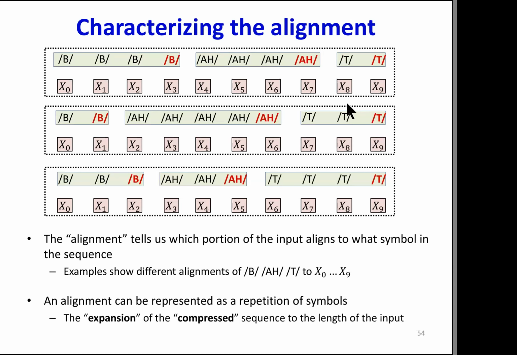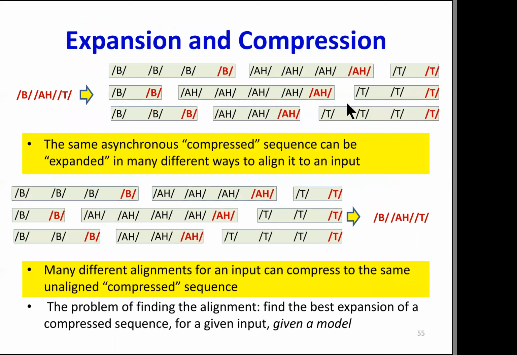And now I can think of this in terms of something called a compression or an expansion. When I provide an alignment of an order synchronous input to the input, I'm actually converting it to a time synchronous symbol sequence.